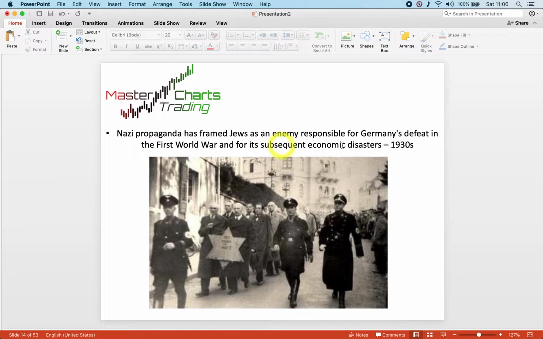So this was already happening in the 1930s, and there were already pogroms against Jews and Nazis taking over Germany. There were harsh laws coming down and excluding Jews and many other people from livelihood, and sometimes outright deporting or killing them as well.